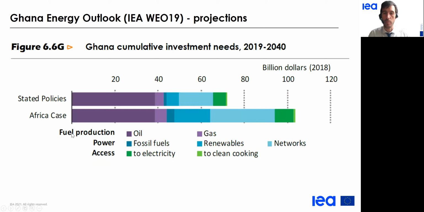Another output, I was mentioning CO2 emissions. We can also deduct investment needs, cumulative over the period, and see how they are broken down per fuel, per type of investment in the power sector, whether on the networks themselves, the grids, or on the generating capacity, and investments related to bringing access to population, access to energy, both electricity and clean cooking.